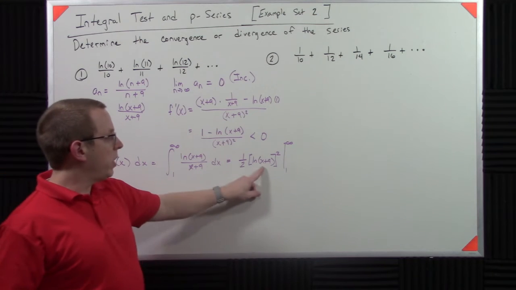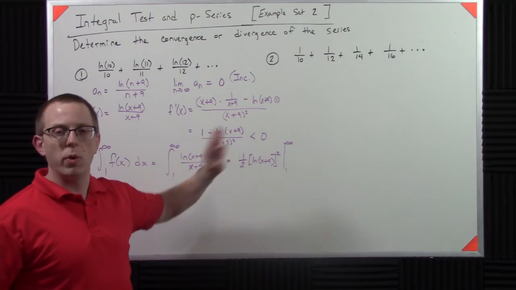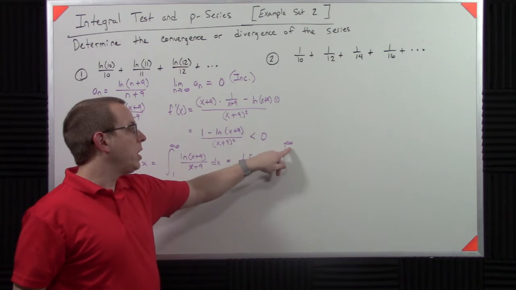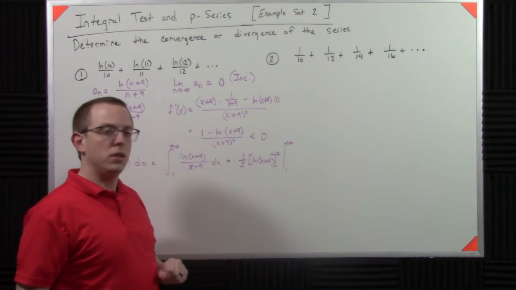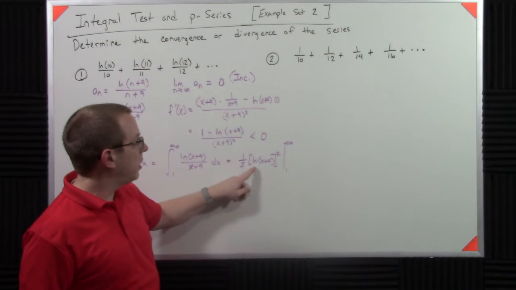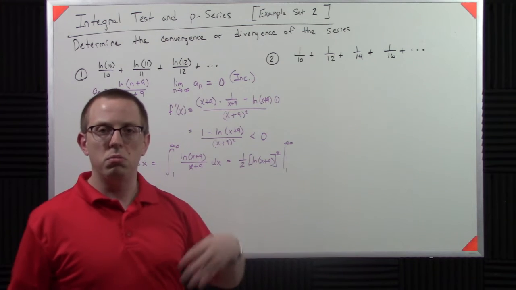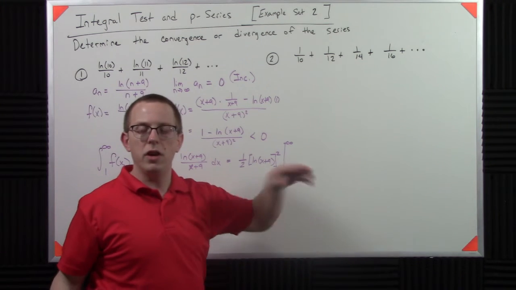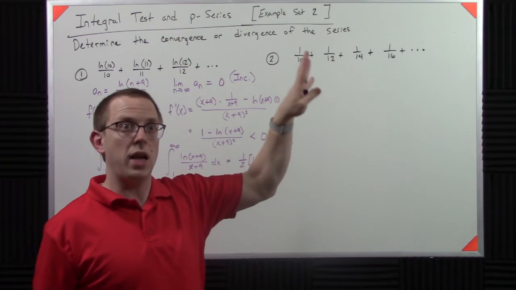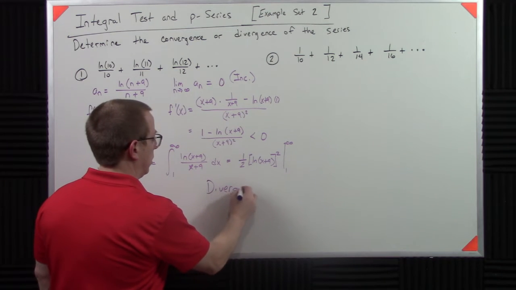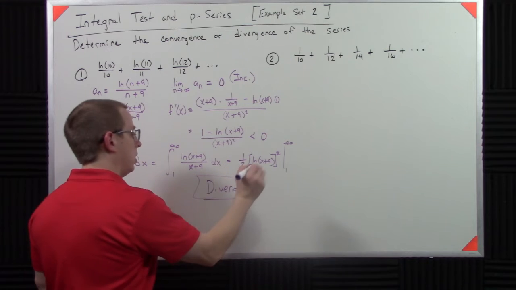Now when I plug in 1 here, I get natural log of 10 squared. That's a finite value, but we really care more about the infinite limit. When I take the limit as x goes to infinity, natural log of infinity is infinity, and infinity squared is infinity. So that tells me that this diverges.